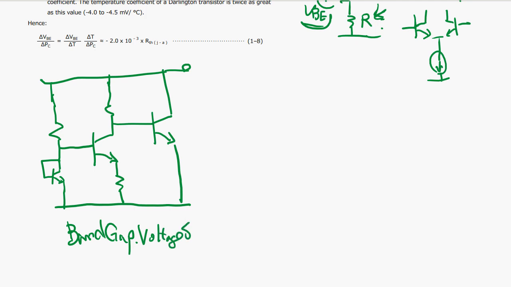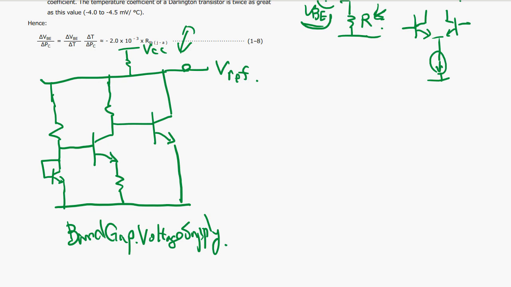Voltage supply. So what it is here, you can have any VCC. You change VCC around, and this is going to be pretty constant.